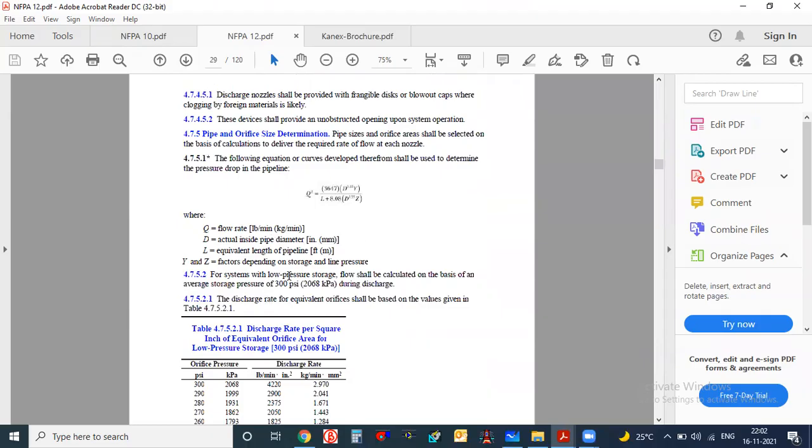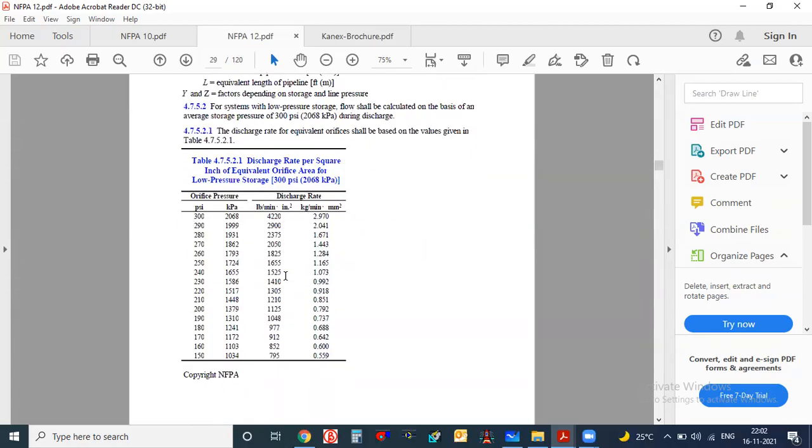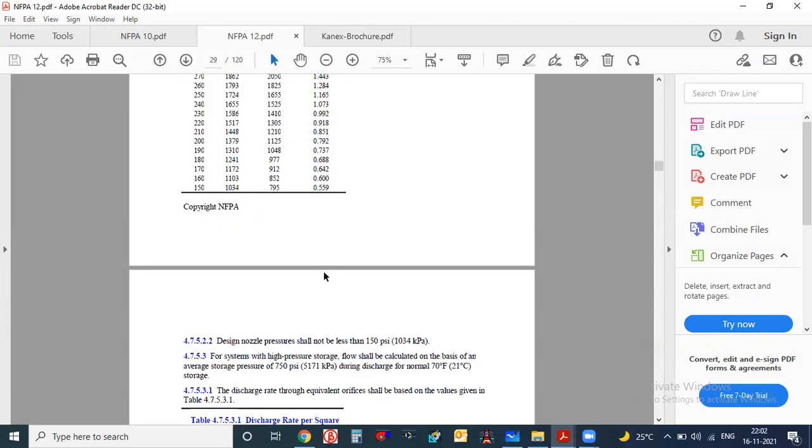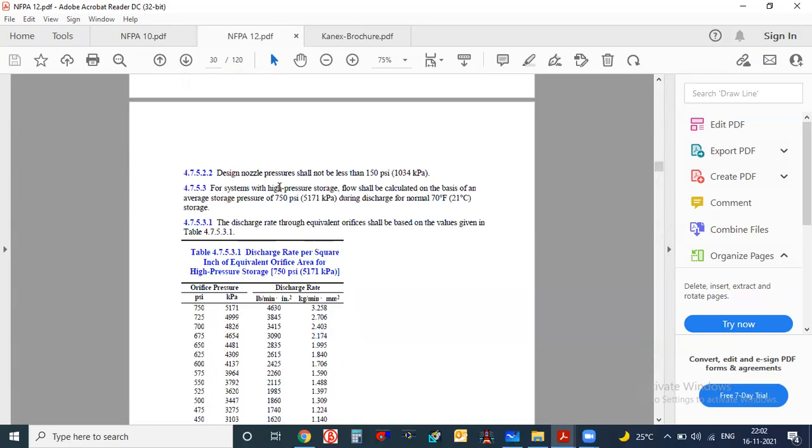But I think it's an entirely different calculation. So this calculation can be done by the manufacturer only, because they will be storing the extinguishing agent. So this document is focusing mostly on those calculations.